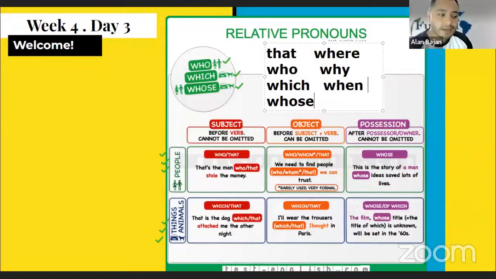In this case, we will learn that we can use these words as relative pronouns to describe a subject in a sentence. Relative pronouns help us to describe something in a sentence, okay? Let's continue.